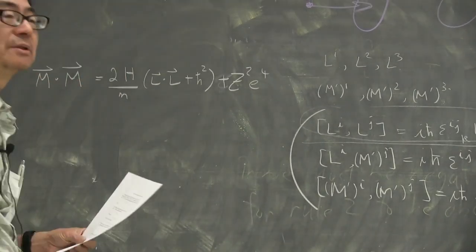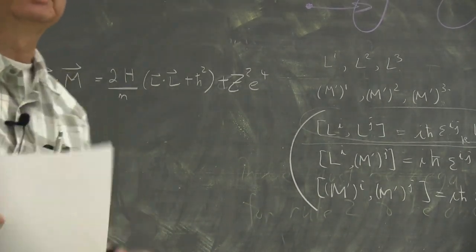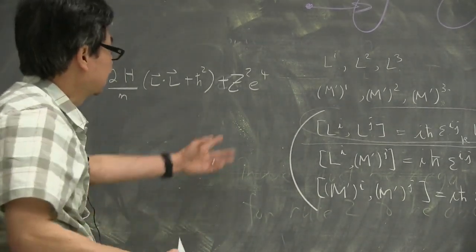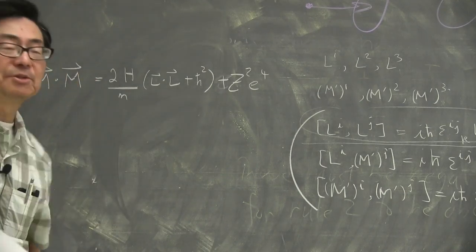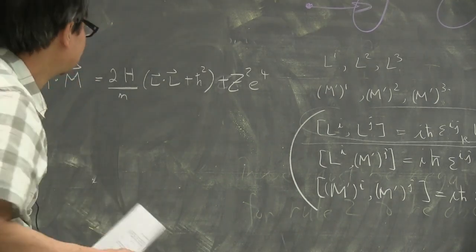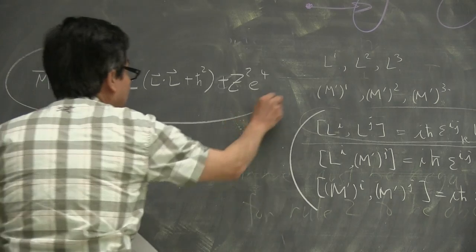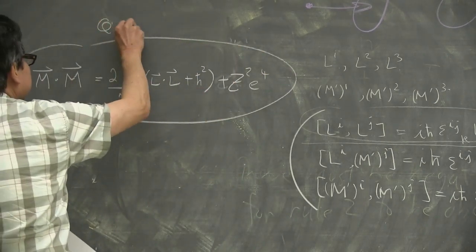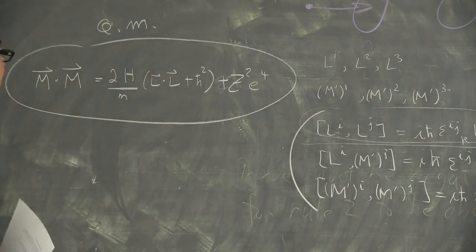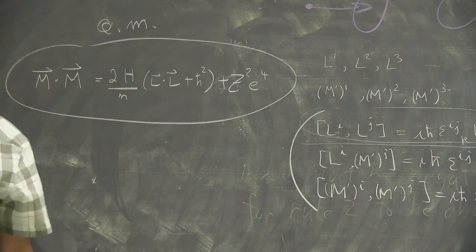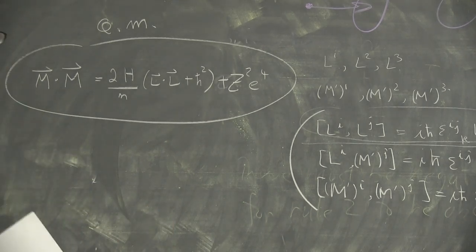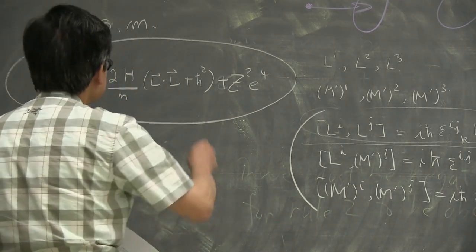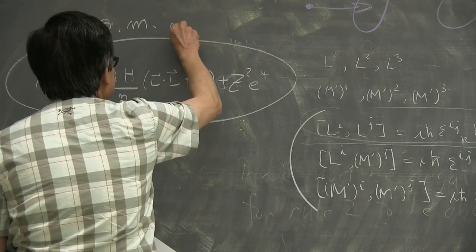Z is the atomic number of the hydrogen-like atom, okay? e is the electronic charge, H bar, and so on and so forth. Now, this is a quantum mechanical expression. Classically, H bar, of course, would not be there. Classically, H bar is equal to 0.